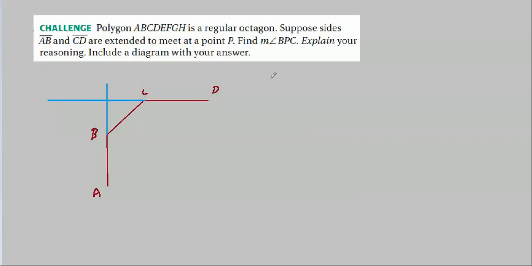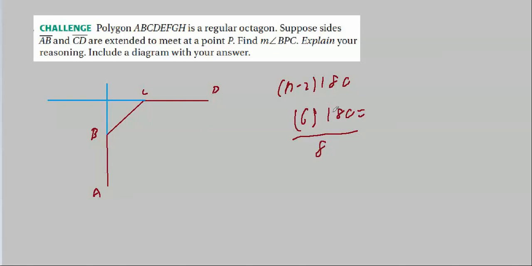What is the total number? The sum of the angle measure. Remember, that's n minus 2 times 180. In the case of an octagon, it's 6 times 180. That's the total. But we want to know the interior angles, so divide that by 8, because we have 8 of these interior angles, and we have to divide up these degrees amongst the total.